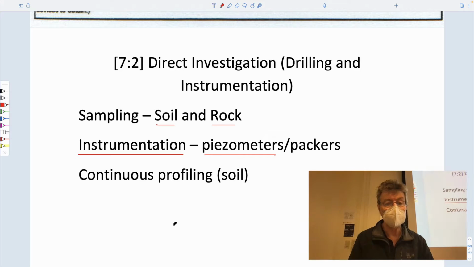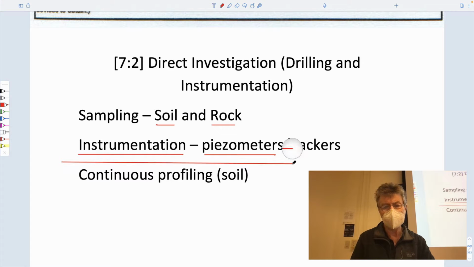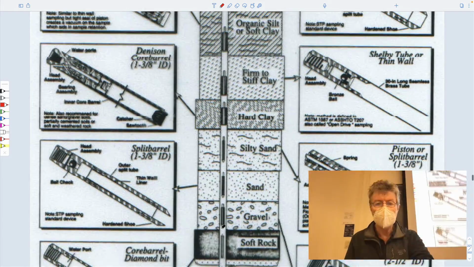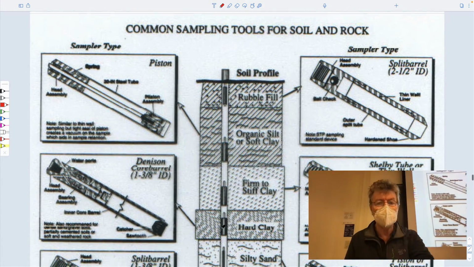So we'll talk about that. And then in addition, we'll talk about another method of probing what's going on, which is referred to as direct push methods or continuous profiling. They only apply to soil, and you'll understand when we talk about them why they only apply to soil.